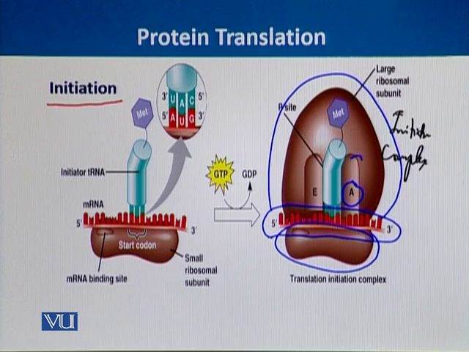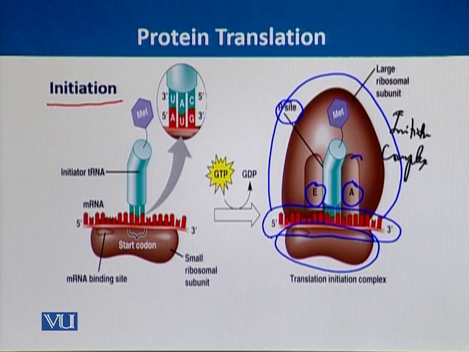The second site is the P site, and the last one is the E site, known as the exit site. The transfer RNA that has bound to the A site moves to the P site, and finally it exits from the E site. So we have seen clearly that ribosome has a main role in protein synthesis.